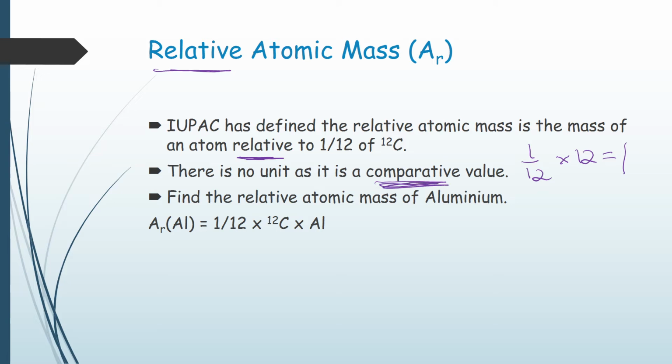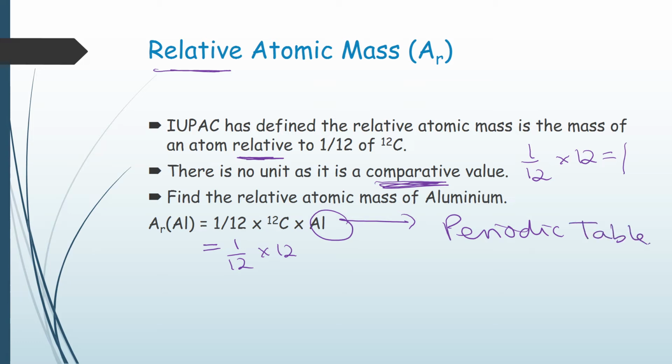Now let's try an example. To do an example, you need to have a periodic table. And if you don't have one, stop the video now and go get one, because you can't do this without a periodic table. So, how do you work out the relative atomic mass of aluminium? What you do here is you go, okay, well, I've got 1/12 of carbon-12. Well, we know that 1/12 of 12 is 1. And then I go to my periodic table and I find aluminium on it.